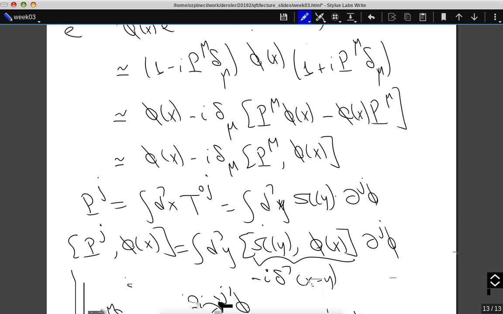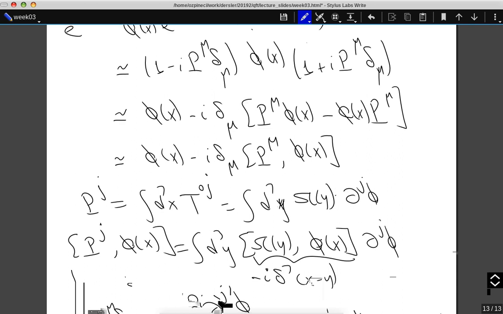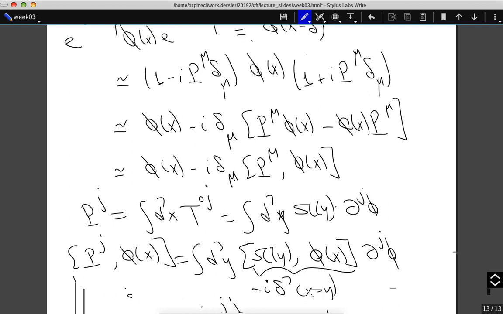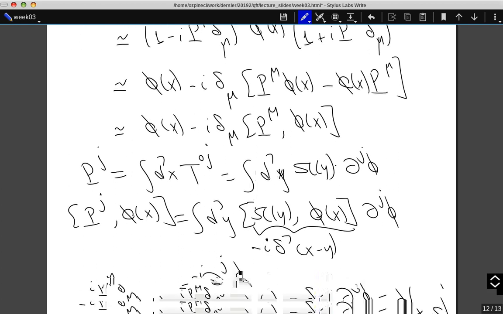You see what we had shown, that this was phi of x minus i, okay, did I make a sign mistake somewhere? Pi and phi commutator is minus i, right? Yes, it's minus i. So here I have a minus i. No, okay, that's fine.